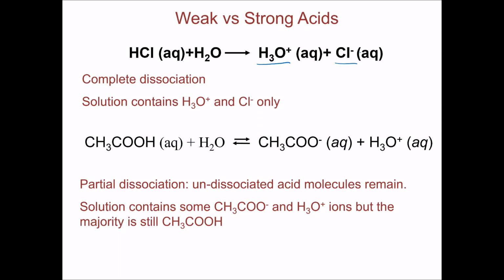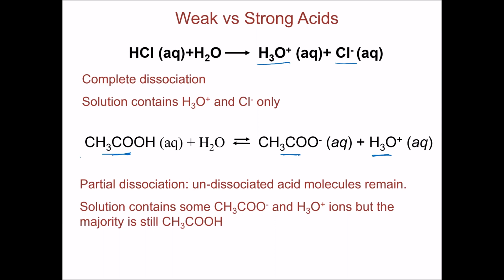In comparison to that, a weak acid like acetic acid is going to have the two possibilities of dissociation to the ions and recombination of the ions back to the molecular acid. So that's a partial dissociation. So at any point in time, your solution of acetic acid is going to contain both the split ions and the undissociated acid.